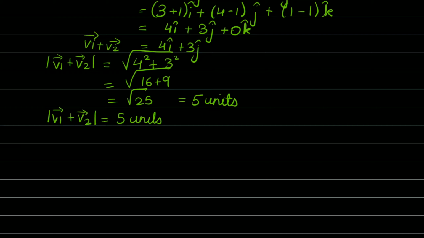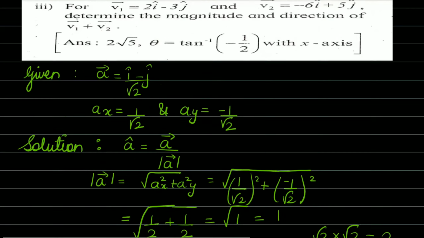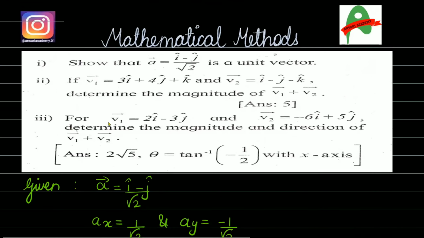Move on to our third question. What it says is that for V1 vector equals 2i cap minus 3j cap and V2 vector equals minus 6i cap plus 5j cap, determine the magnitude and direction of V1 plus V2 vector.